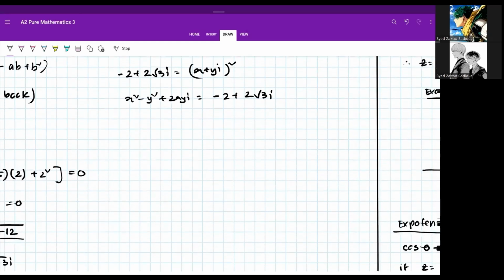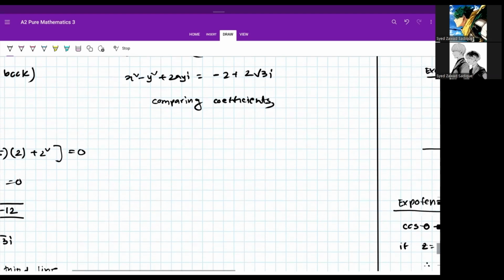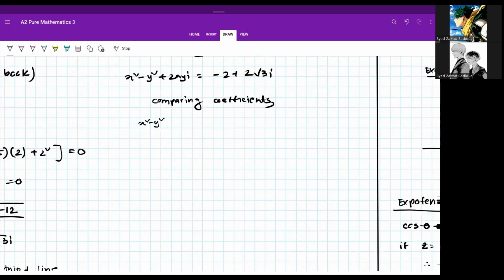Now we can compare coefficients. And we can say that x squared minus y squared is equal to minus 2, and 2xy is equal to 2 root 3.